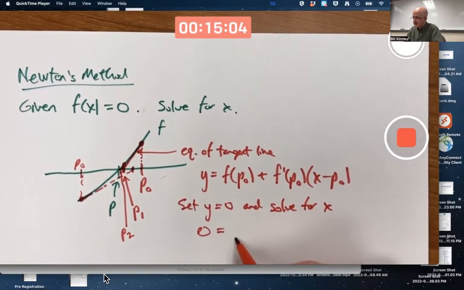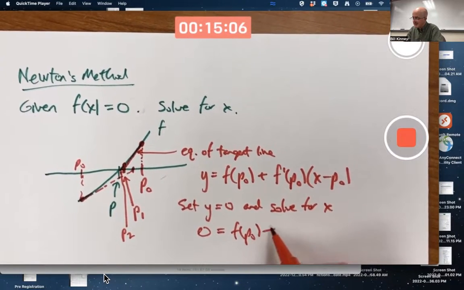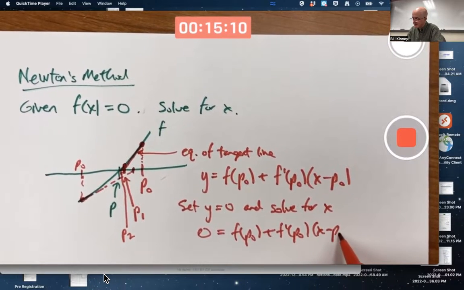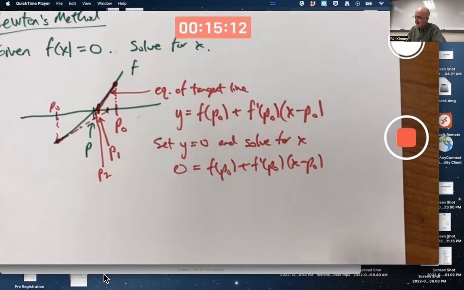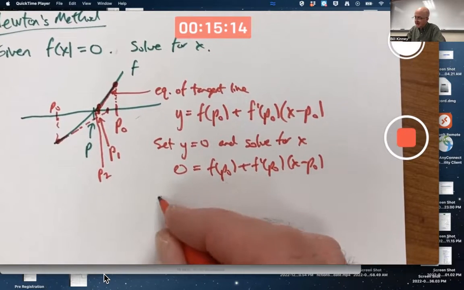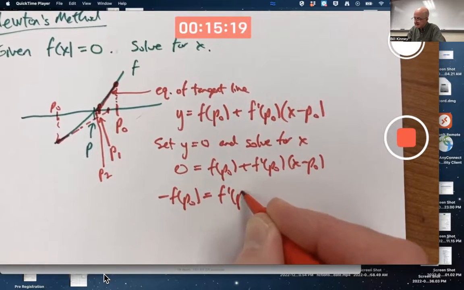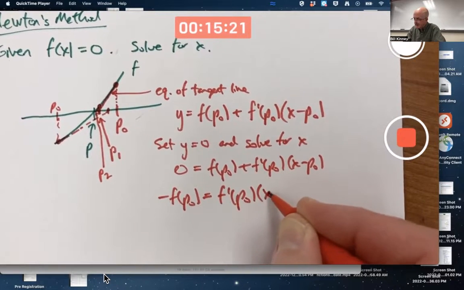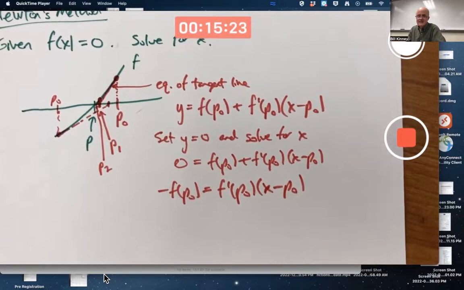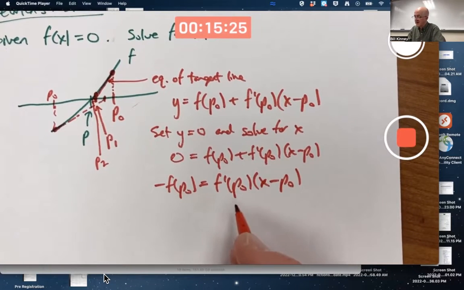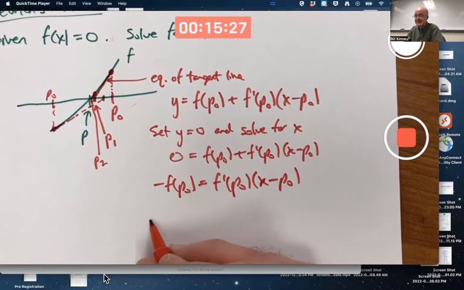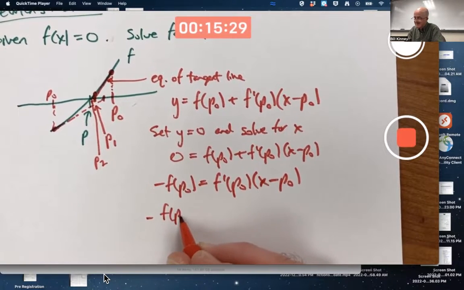So we get 0 equals f of p0 plus f prime of p0 times x minus p0. Trying to solve for x, so subtract f of p0 from both sides to get this. Next, divide both sides by the derivative, f prime of p0, assuming it's non-zero, right?